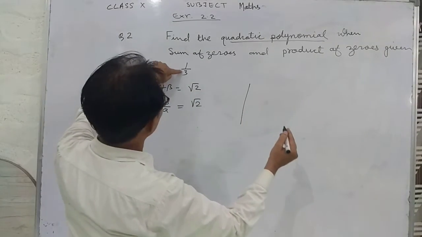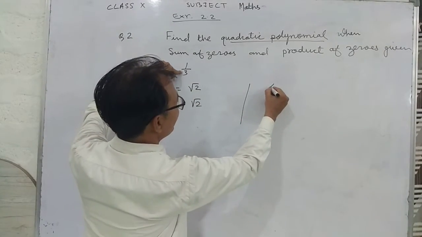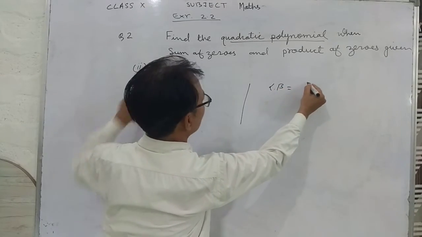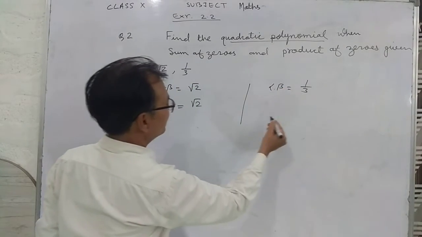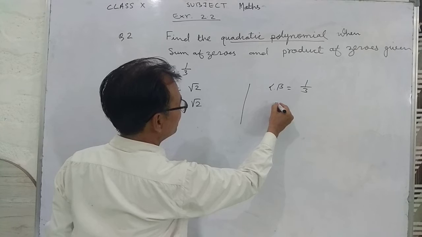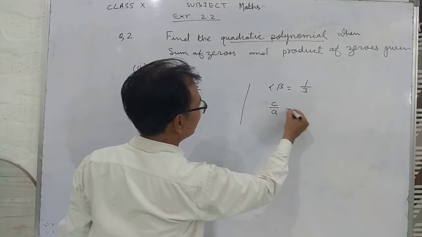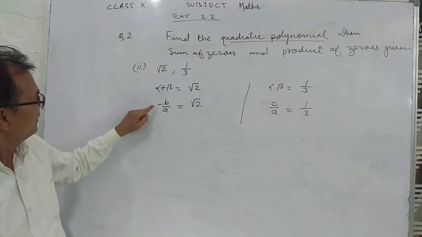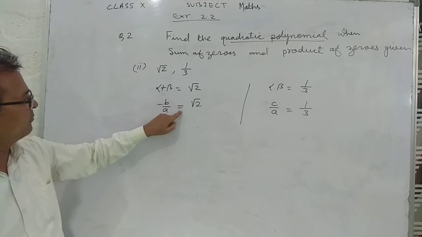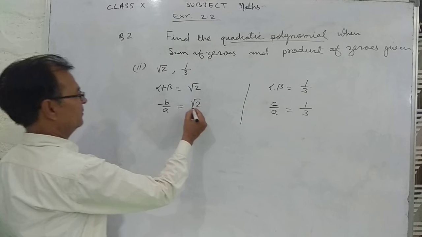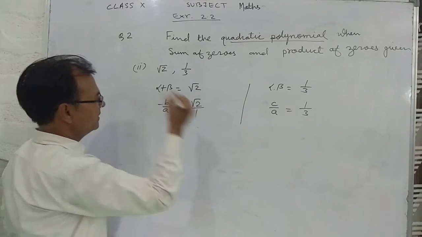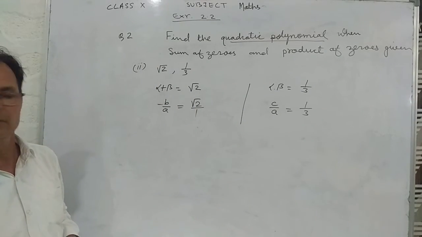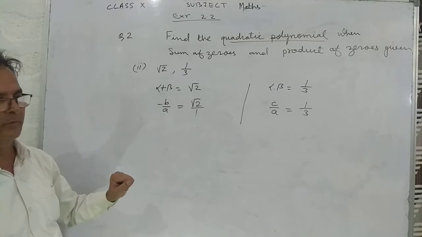And product of zeros, alpha into beta equal to 1 upon 3. Alpha into beta is c upon a equal to 1 upon 3. Minus b upon a equal to root 2. We can make this as p upon q form, under root 2 upon 1.